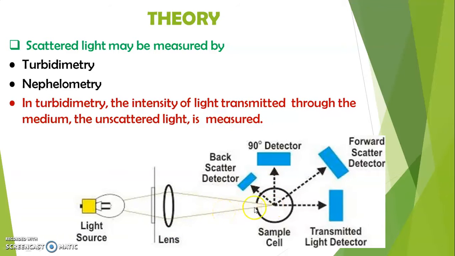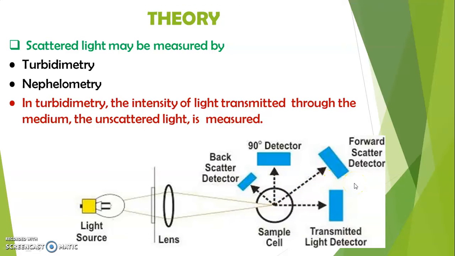The uniform light then strikes the different particles present in the sample. Now some of the light is scattered, some is transmitted and some is back scattered. So here we will measure the scattered and transmitted light at different angles.